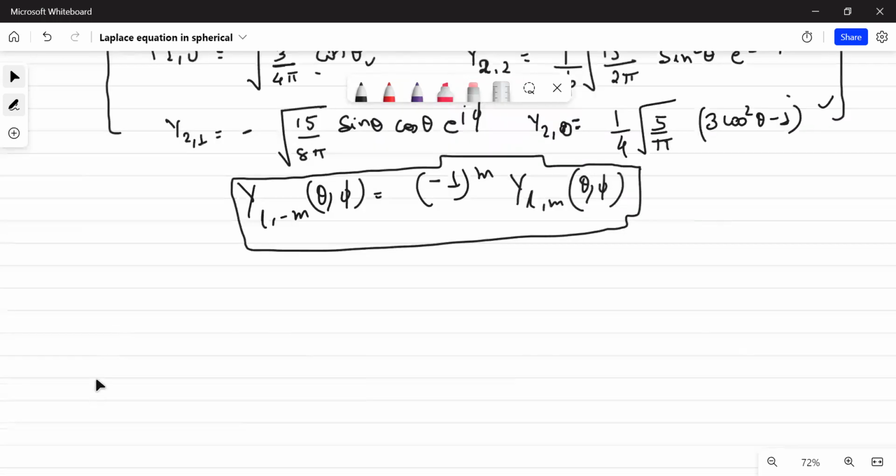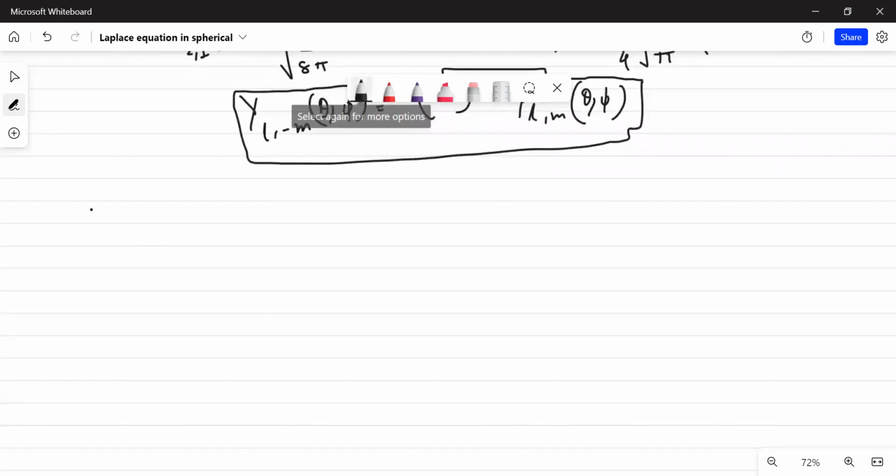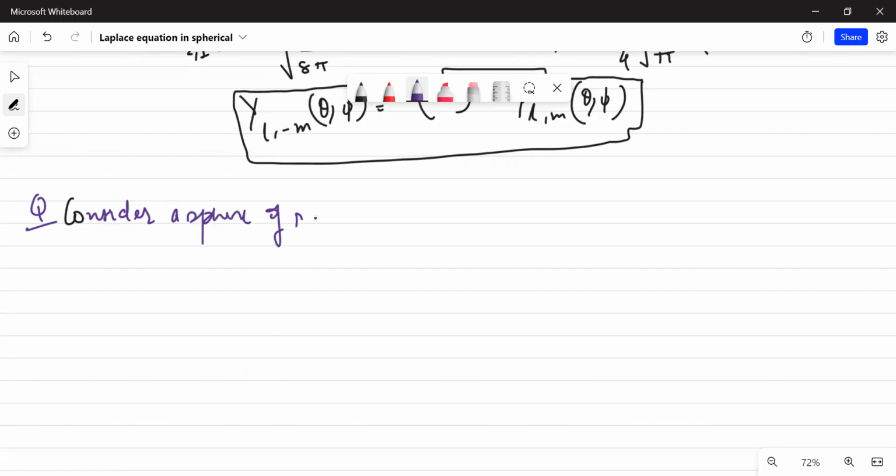Let us do a question and understand how to go about it. Consider a sphere of radius capital R having a surface potential.